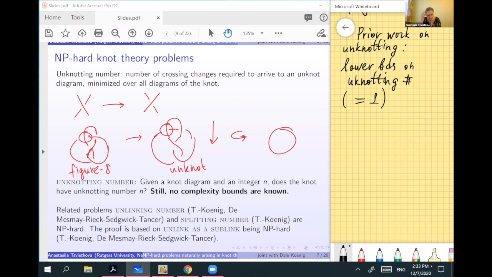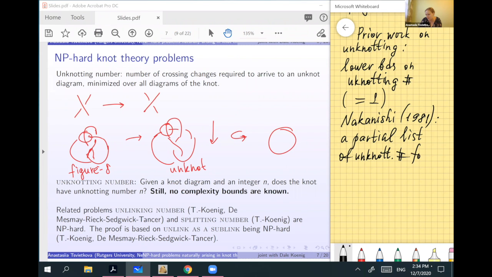And for example, back in '81, Nakanishi published a partial list of unknotting numbers. He did it computationally, or partially, with a lot of course mathematics, a partial list of unknotting numbers for knots with at most 9 crossings.